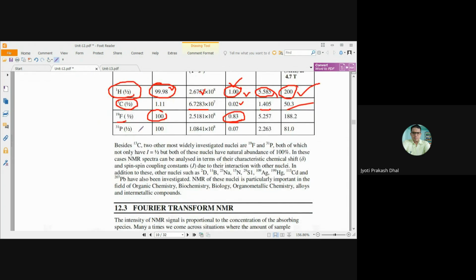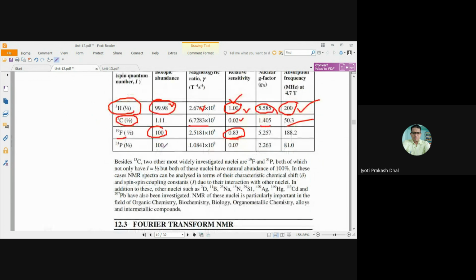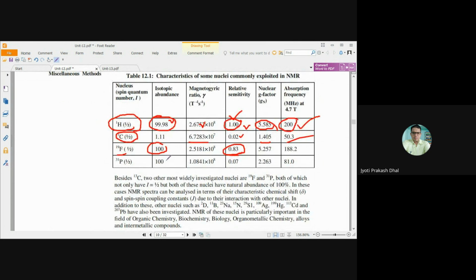And similarly for phosphorus 15P31, the value of I is half, and isotopic abundance is 100%. This is the gyromagnetic ratio value. If the relative intensity of proton NMR for a particular sample is 100%, then for phosphorus NMR it will be only 7%.